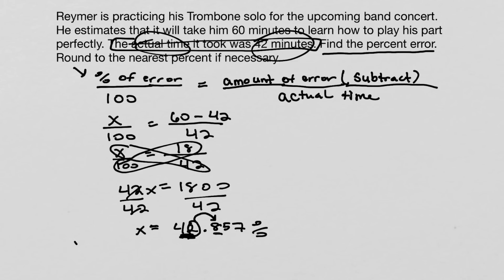If this digit is 5 or more, we round the 2 up to the next number. In this case, 8 is 5 or more, so 42.857 is actually closer to 43%. So our percent of error is 43%.